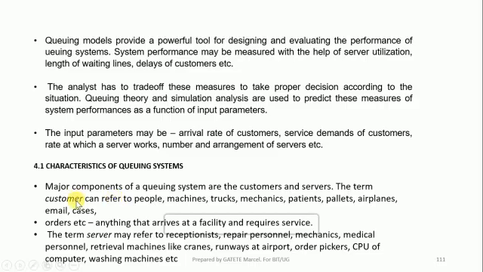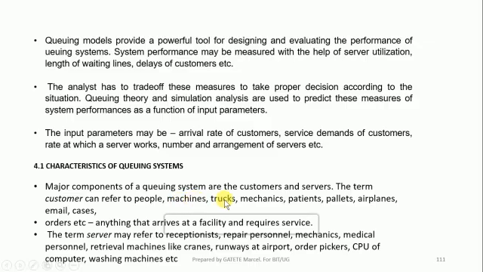The term customer, what do we mean by customer? The customer can be a person, people, or machines. If you take a laptop to the service center, your machine becomes a customer.